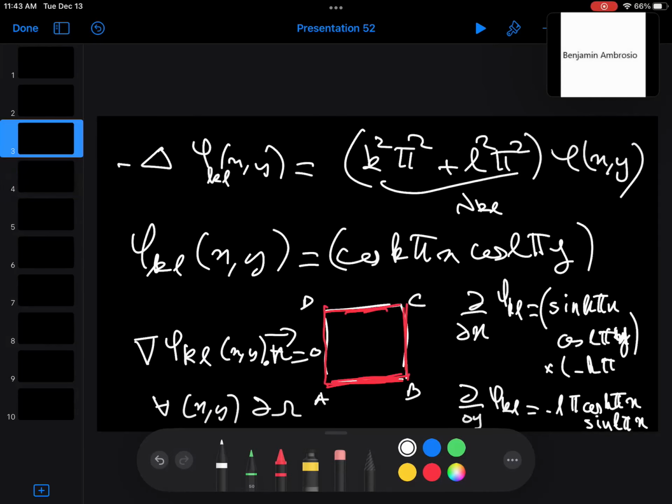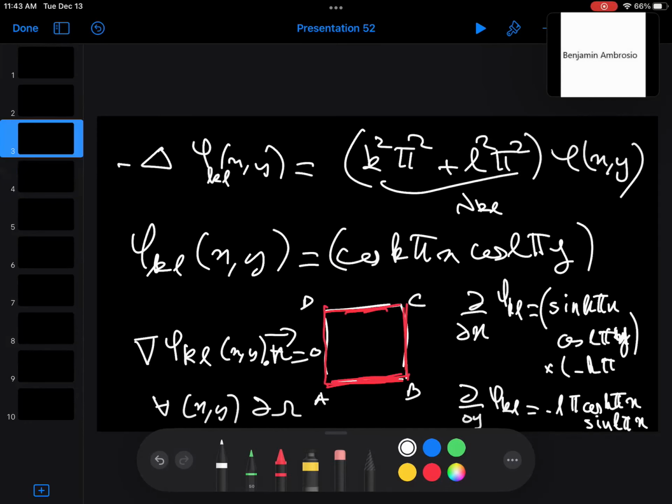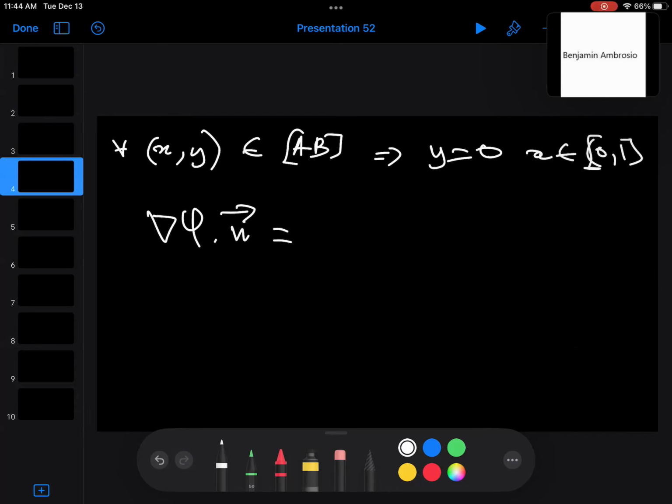So I look at, since here the external normal is a vector, in this part the normal is 0, minus 1.